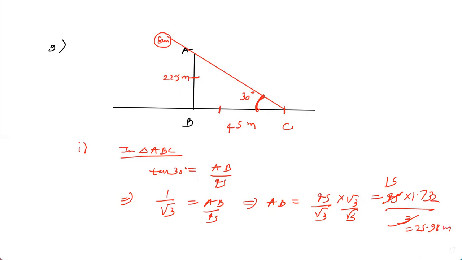Now in the second part, they've told us to find the length of the shadow of the same tower when the sun's altitude is 45 and 60.